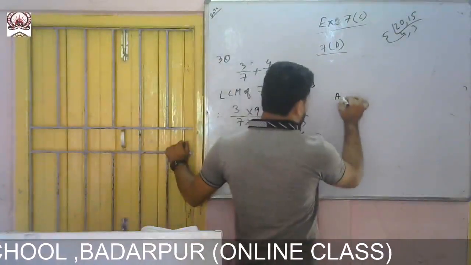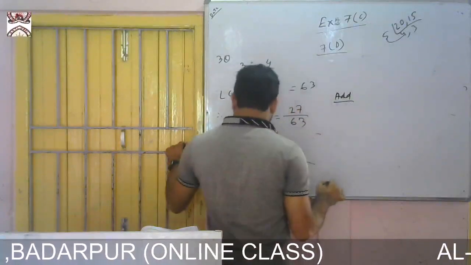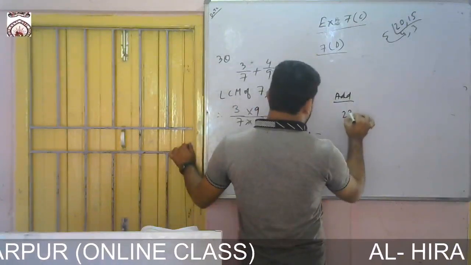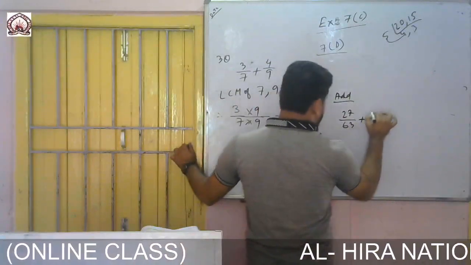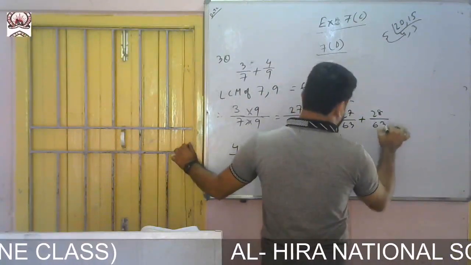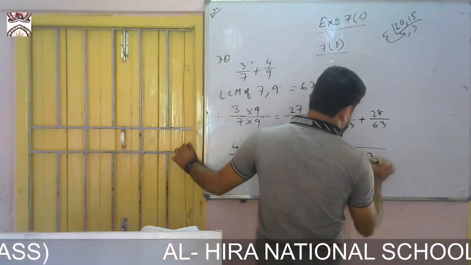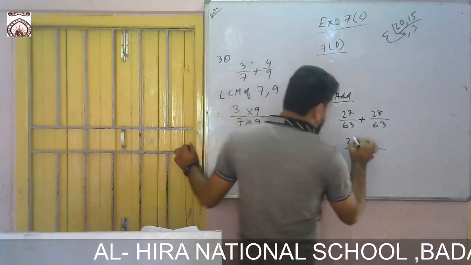Okay, now add. So if you add, then 27 by 63 plus 28 by 63. Okay, so 63 is the same, so I can add the numerators directly.